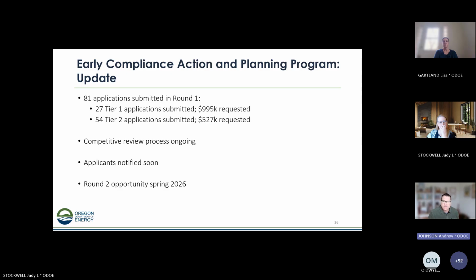You can see here that the total amount requested is about $1.5 million. We have $1 million available in this round, so that's $500,000 oversubscribed. So we are continuing the competitive review process. The applicants will be notified soon, and round 2 will begin sometime this spring. Next slide.